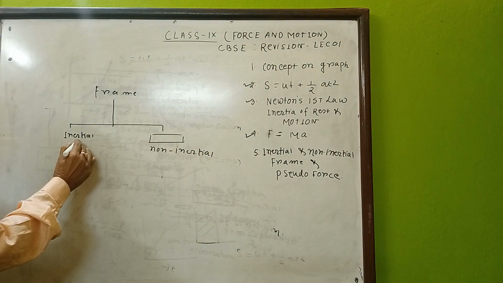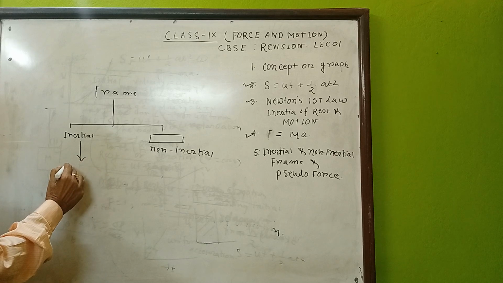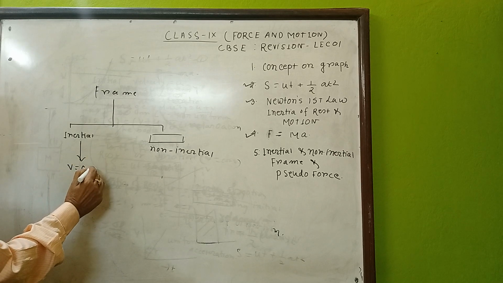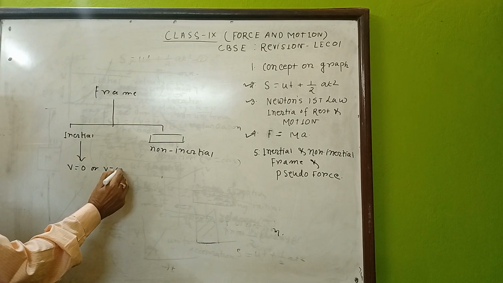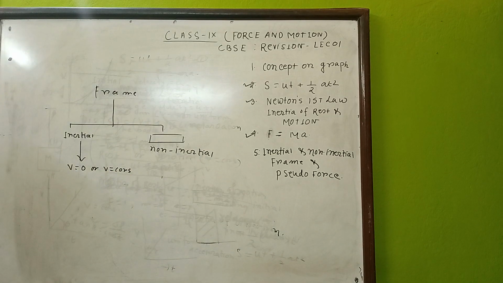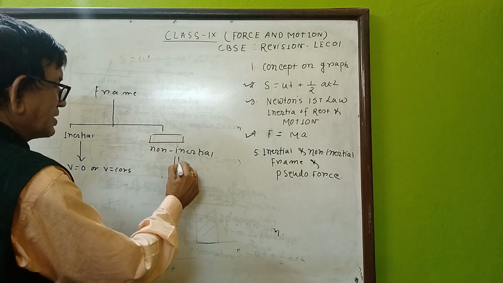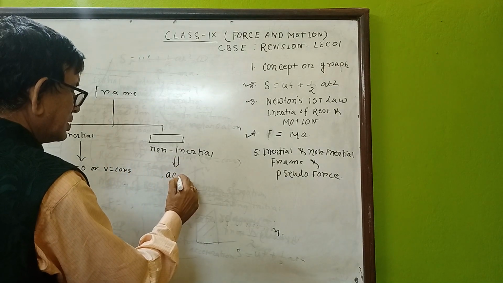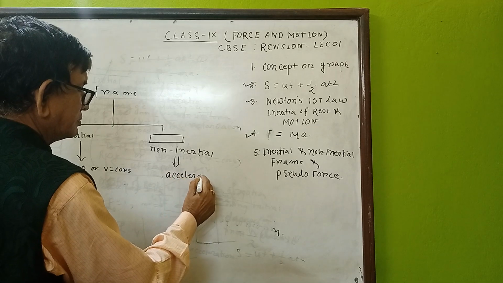Or you can take the inertial frame as velocity equal to 0 or velocity constant, and Newton's laws are valid. All Newton's three laws are valid in an inertial frame. A non-inertial frame is an accelerated frame.